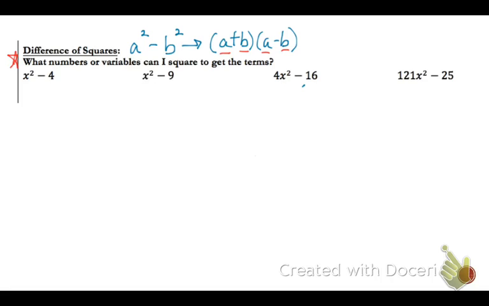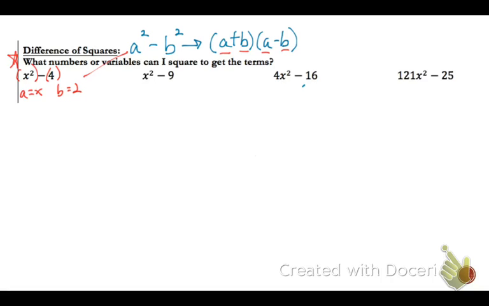So if you look at x squared, you can think, oh, well, if I take x and square it, then that'll give me x squared. So that's my A term. Now we're going to ignore the negative. It's not part of the number. We're simply going to look at just the positive number 4. What number can I square to get 4? Well, that'll be 2.